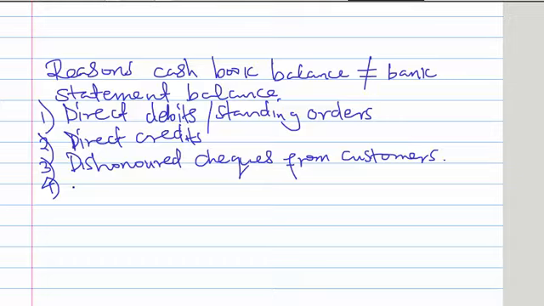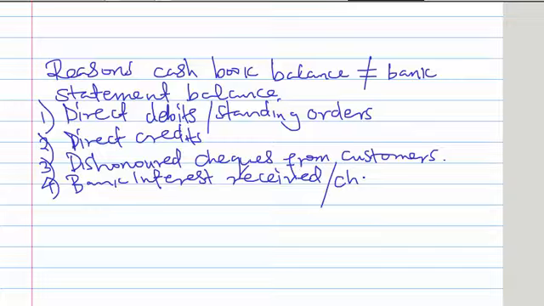Another possible cause of difference could be bank interest received. So the bank might give you interest, and you may not know that you've received interest, and you just see it on the bank statement.